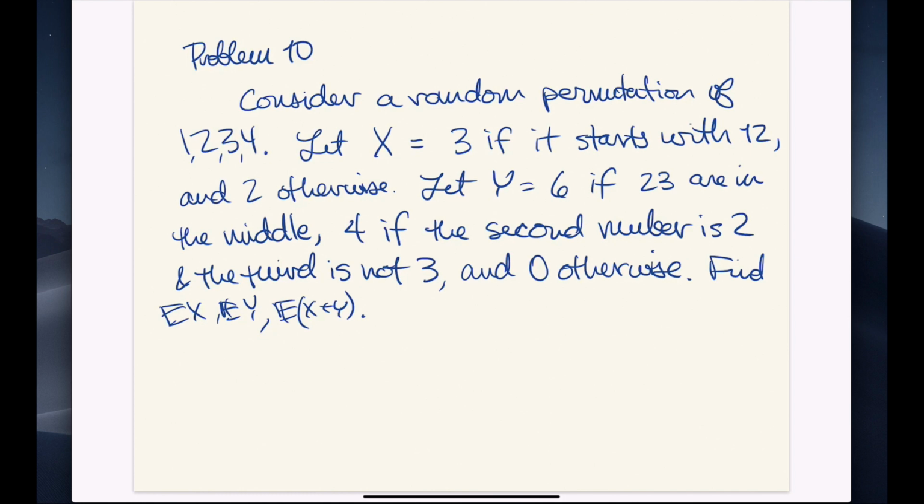And we're asked to find the expected value of X, the expected value of Y, and the expected value of X plus Y. So we can represent the distribution of X and Y in various ways.